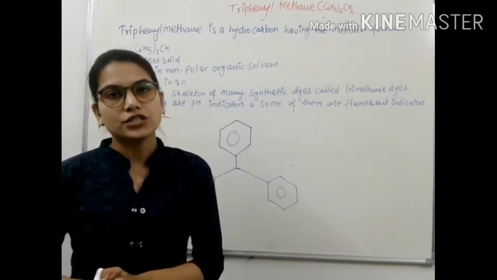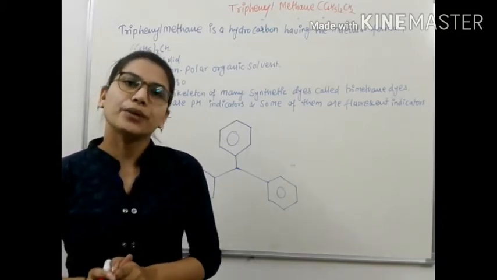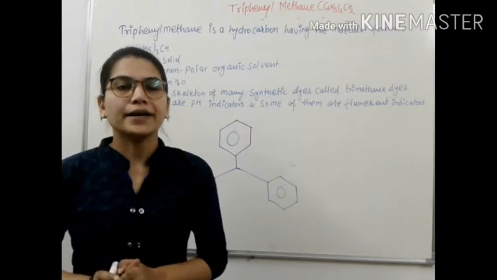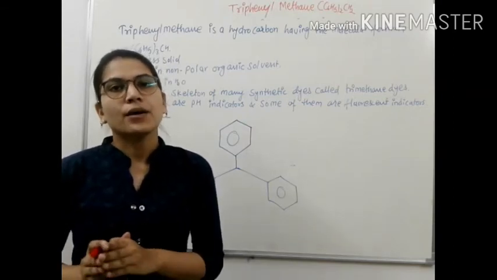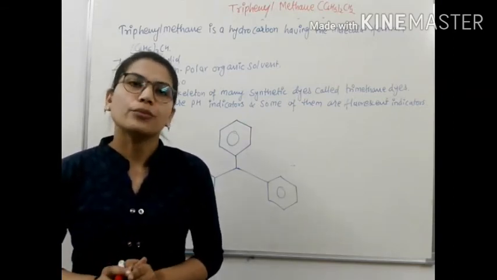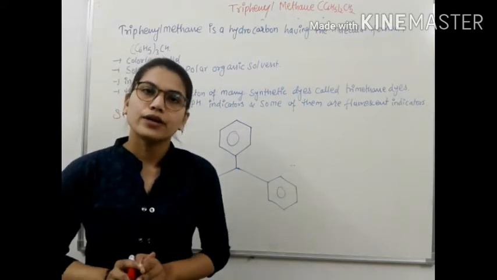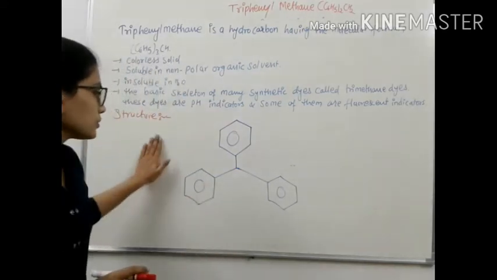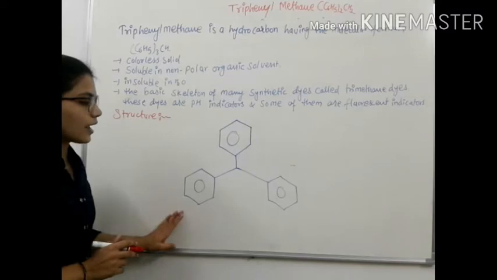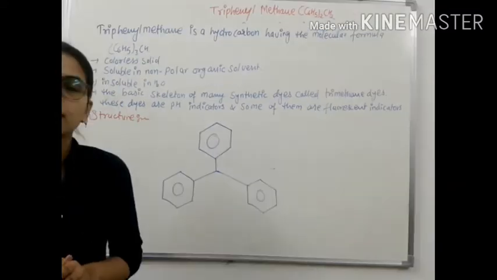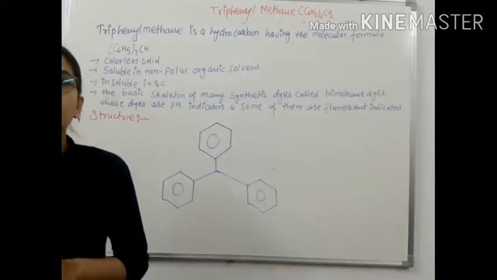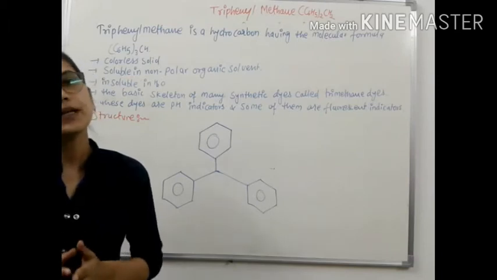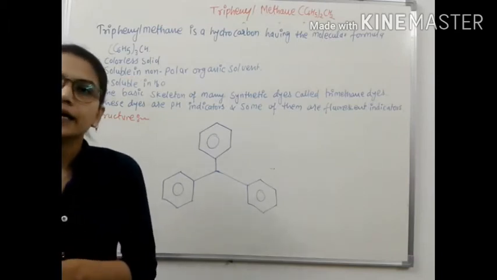The delocalization occurs only if the p orbital of the central carbon is parallel to the p orbital of one of the phenyl rings. So this is the structure of triphenyl methane. The trityl anion strongly absorbs in the visible region and makes it red.